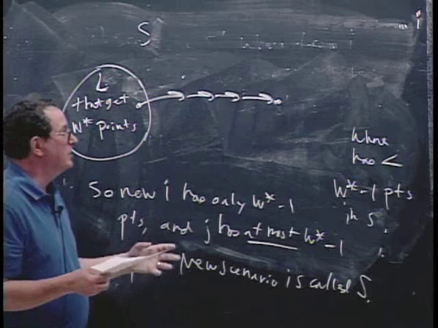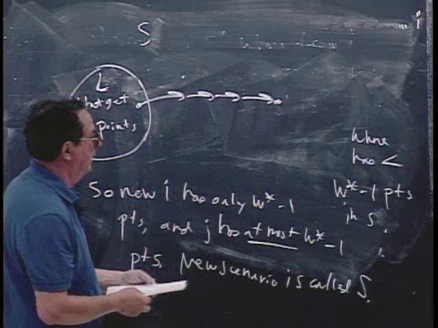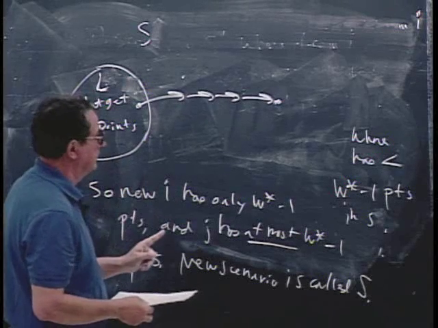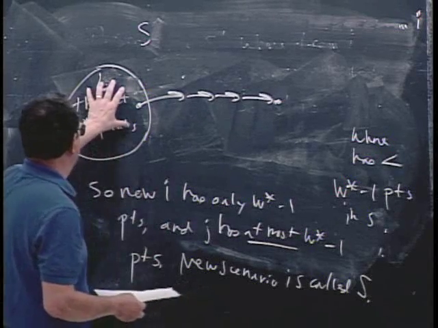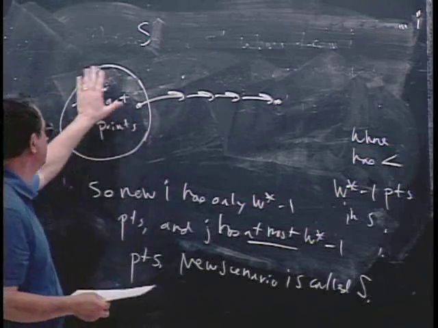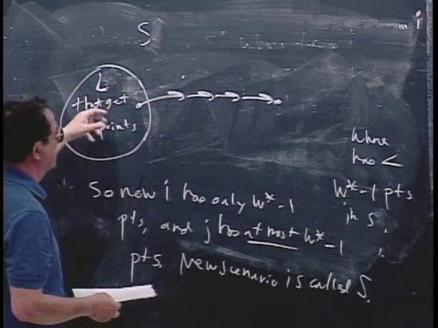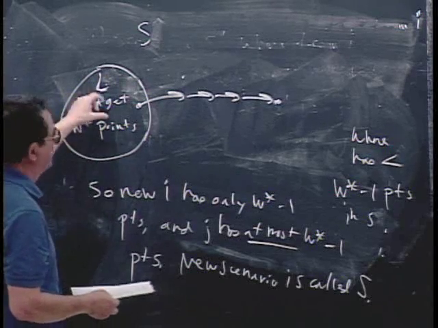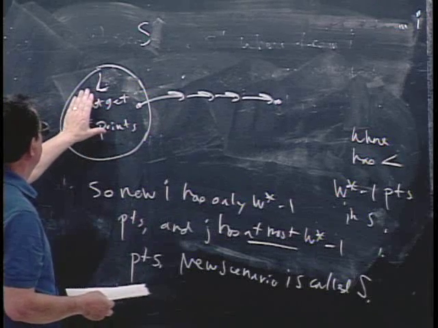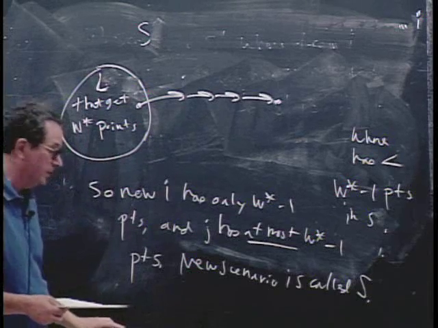We're starting with one scenario, and we're doing these transformations and getting other scenarios along the way. This process will terminate. The algorithm terminates because L is getting smaller by 1 element at each step. So L starts out at most having n elements, and n is the total number of teams. And after each iteration of the while loop in the algorithm, the set L gets smaller by at least 1 element.